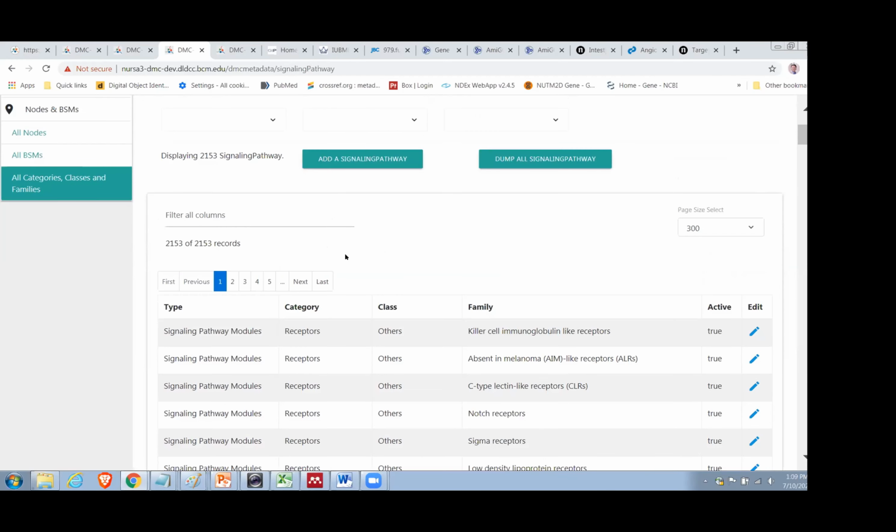The other important system that we have is to basically classify the nodes.